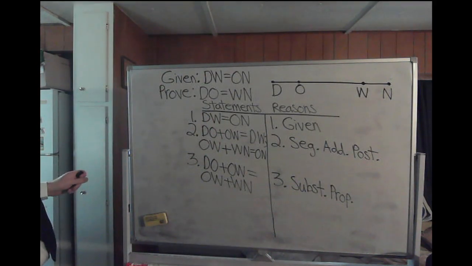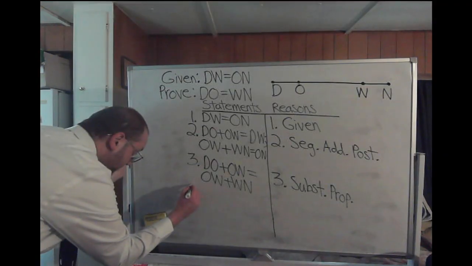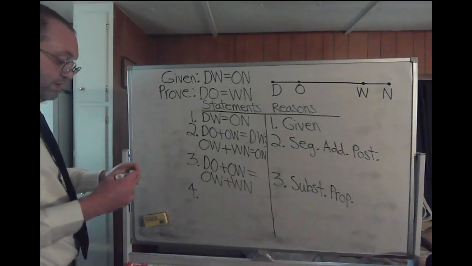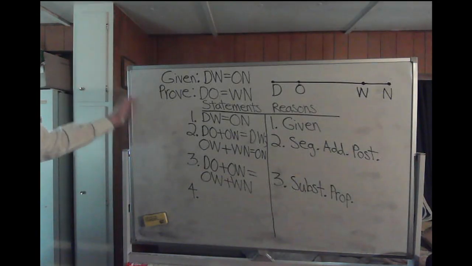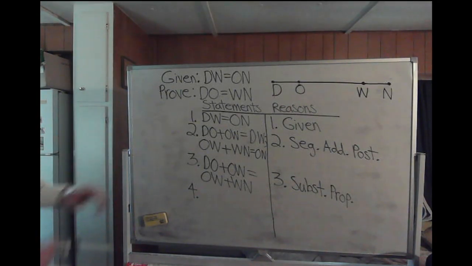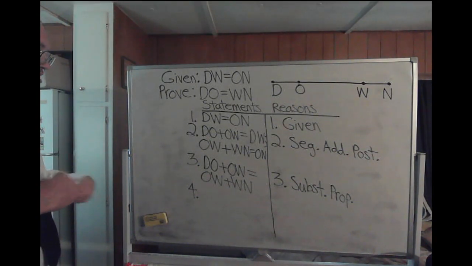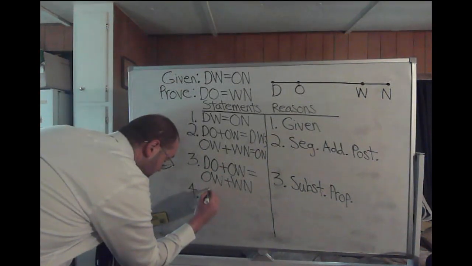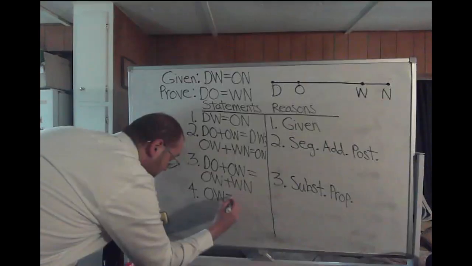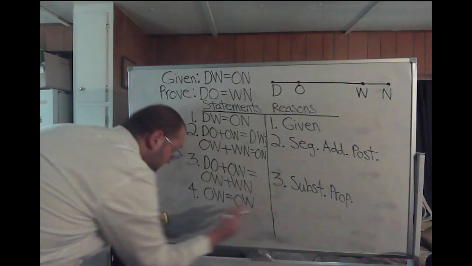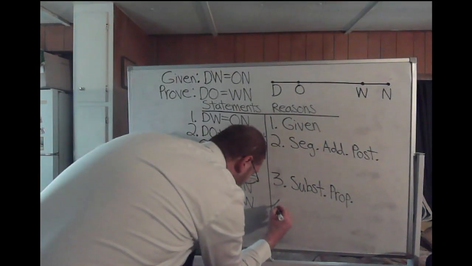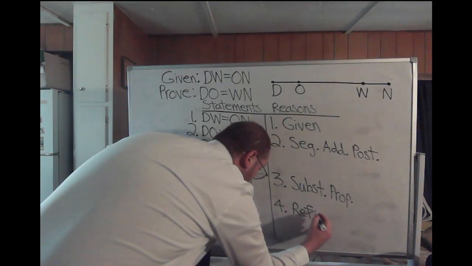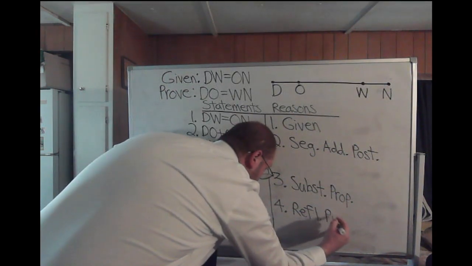Now let's see here. Step 4, since these are equal, let's think about this here, right? Well, I'll put a 5th step just for simplicity's sake, but it's obvious that OW equals OW, right? That's the reflexive property. I'm just going to state that here. We have the reflexive property.